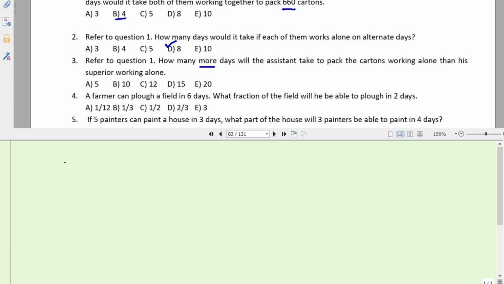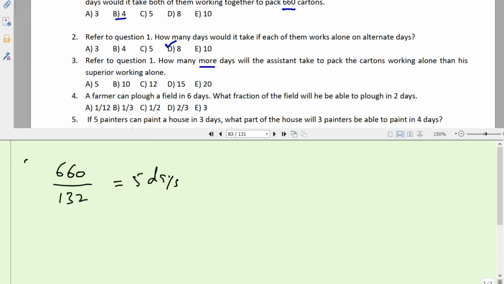So you have to pack 660 cartons. The superior makes 132 cartons in one day, so 660 cartons will be packed in, divide these two values and you will get 5.